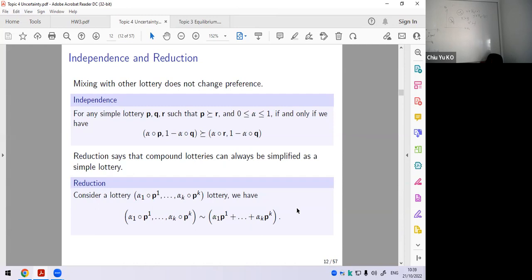Independence means that if I take this away, you should still get the same. Actually people violate this, because they are unable to see P and Q once they are combined. So this one requires some rationality.